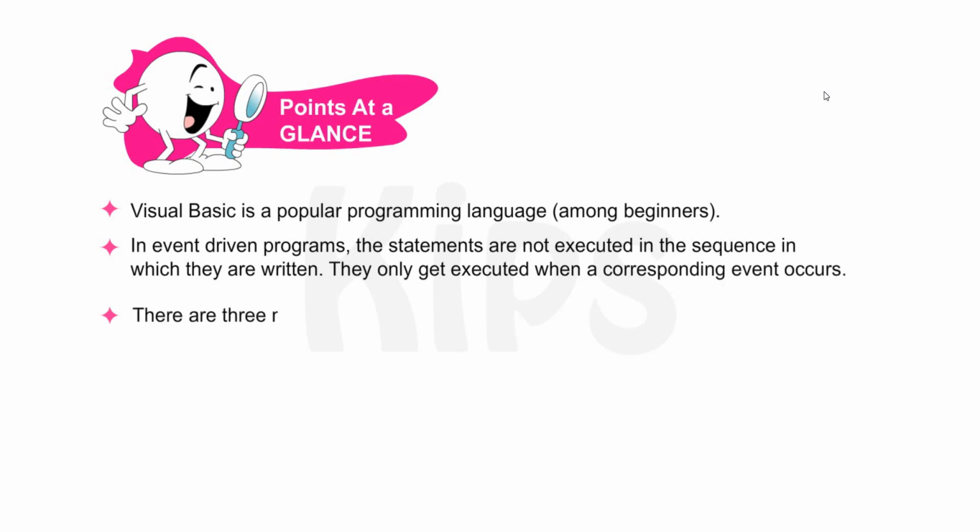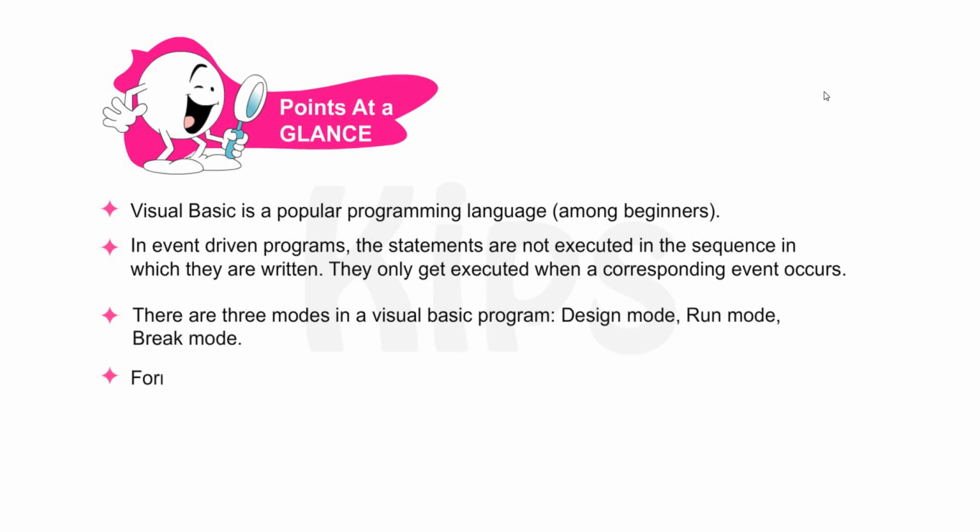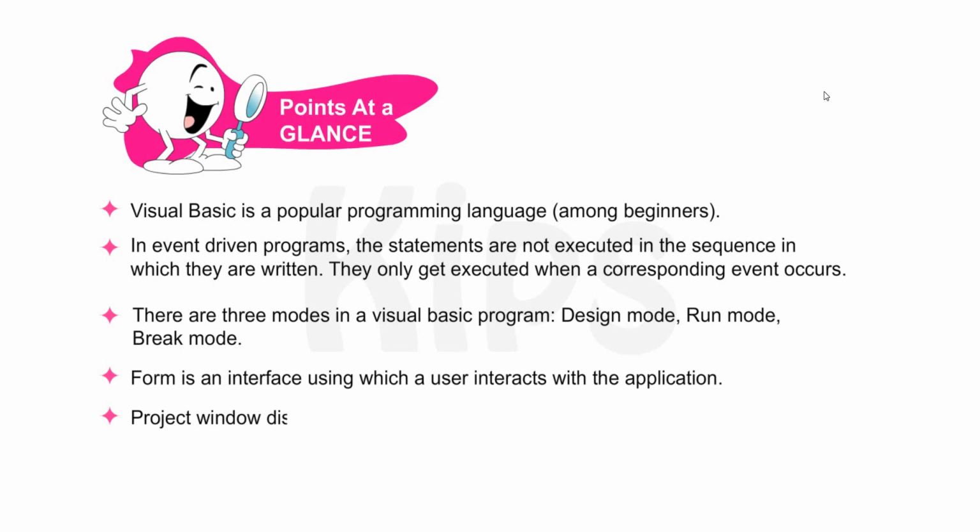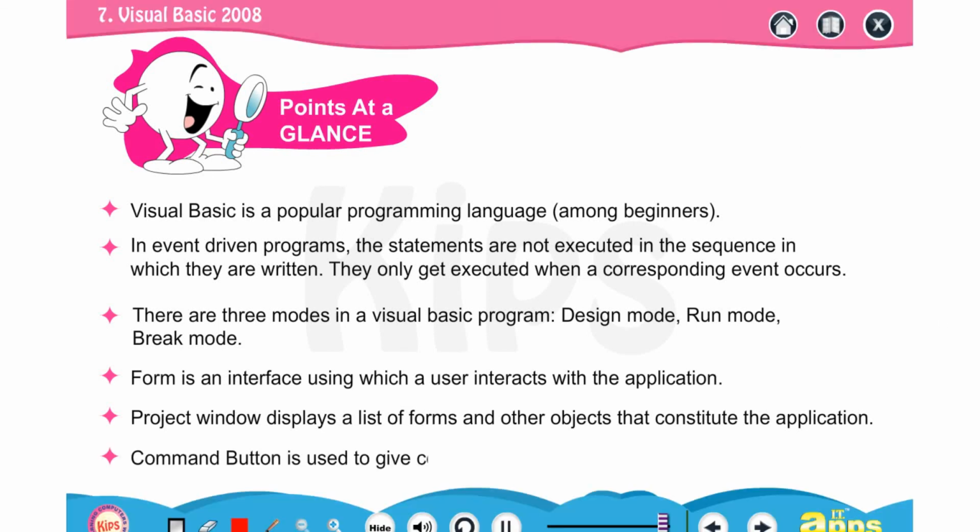There are 3 modes in a Visual Basic program: Design mode, Run mode, Break mode. Form is an interface using which a user interacts with the application. Project window displays a list of forms and other objects that constitute the application. Command button is used to give commands to the application.